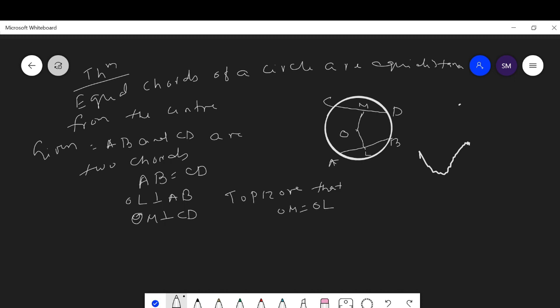Then join OC and OA. O is the center. Proof: join OC and OA, and consider the triangles OCM and OAL.